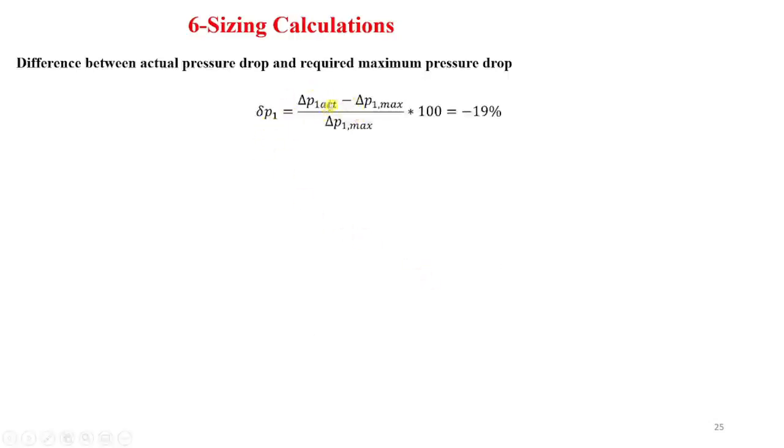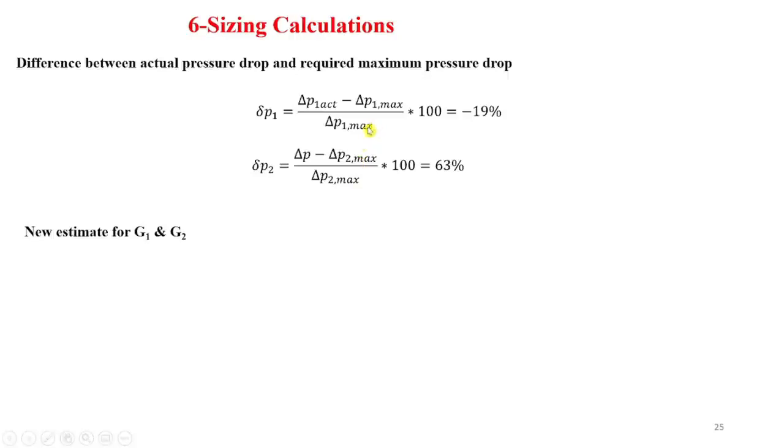We have found the actual pressure drop, and we know the allowable pressure drop for side 1. From these calculated values, we found that the difference between the actual pressure drop and the allowable pressure drop is minus 19 for side 1, and for side 2 it is going to be 63, which is much higher than the allowable pressure drop for side 2.